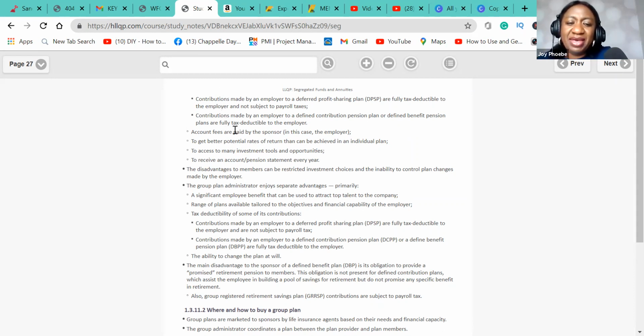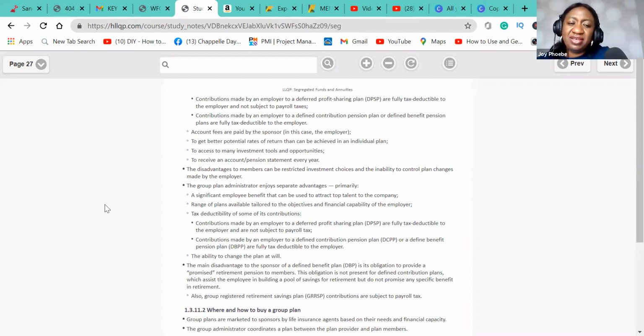Account fees are paid by the sponsor, in this case the employer, to get better potential rates of return that can be achieved in individual plans. Okay. All right. Now, they have access to so many investment tools and opportunities.